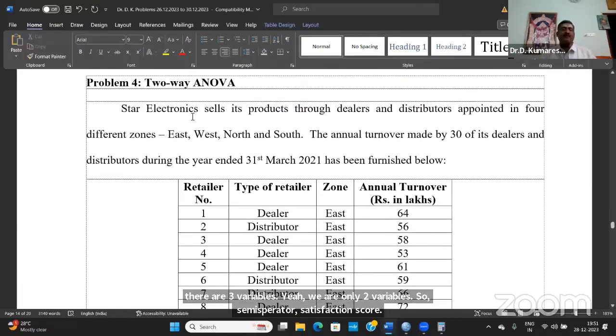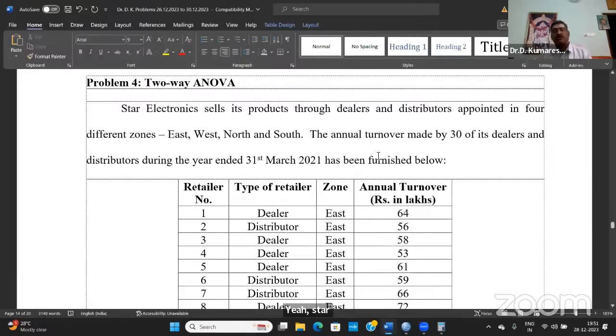Here, Star Electronics sells its products through dealers and distributors appointed in 4 different zones: east, west, north, and south. The annual turnover made by 30 of its dealers and distributors.